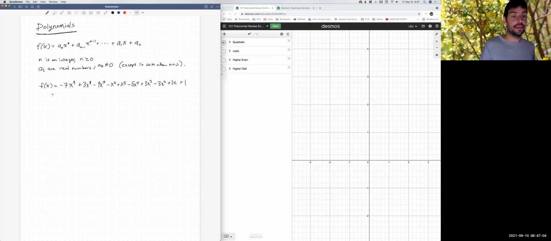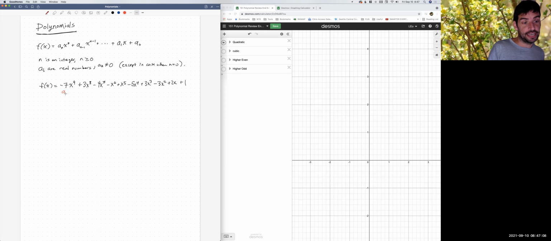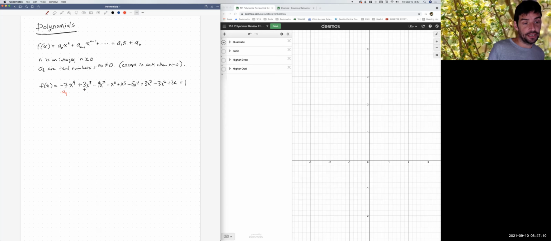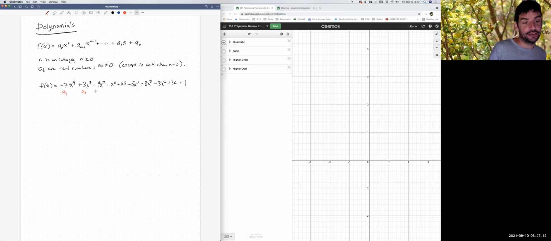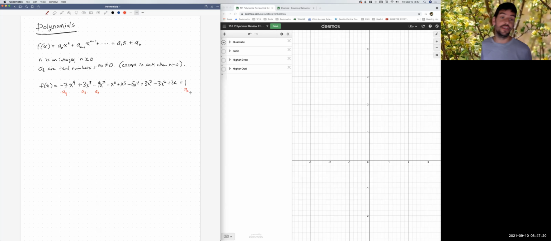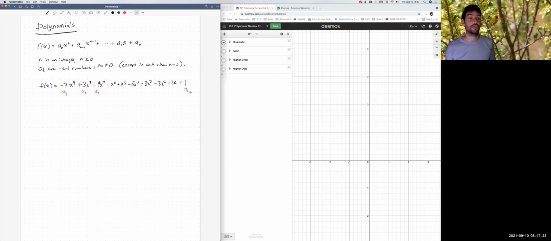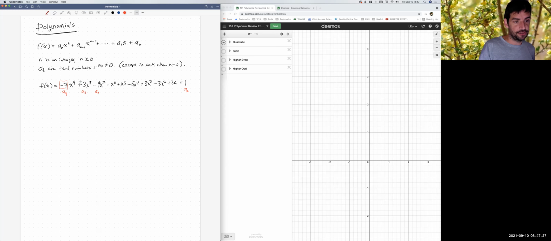So in this case, this is the case where n equals 9. So this negative 7 is a sub 9. The 3 is a sub 8. The negative 4 is a sub 7. On down to 1 is our a naught. Okay, so each of those numbers in front, those are our constants.